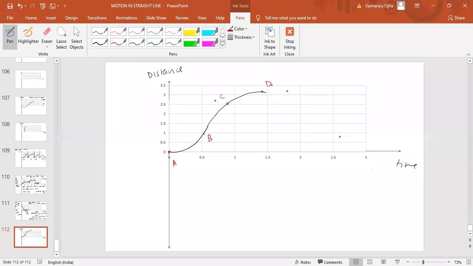Now, which point represents the maximum instantaneous velocity?